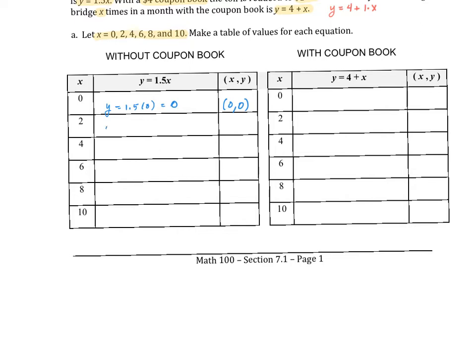If X is 2, my Y value is 1.5 times 2, which would be 3. And this is the point 2, 3. If X is equal to 4, then 1.5 times 4 is 6. We have the point 4, 6.